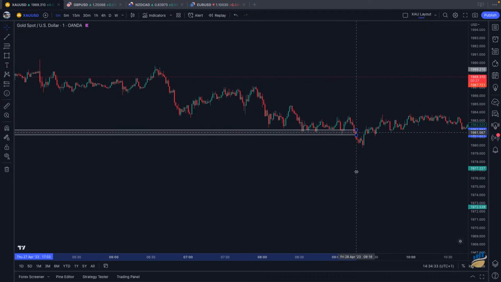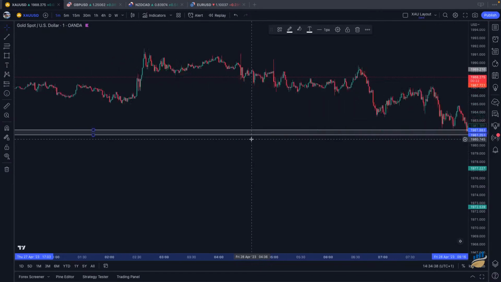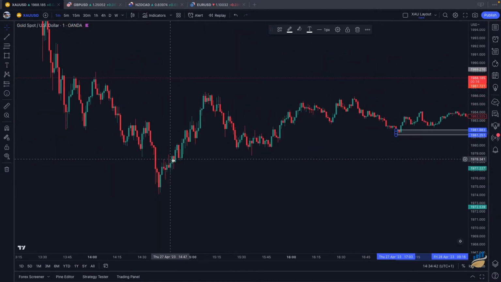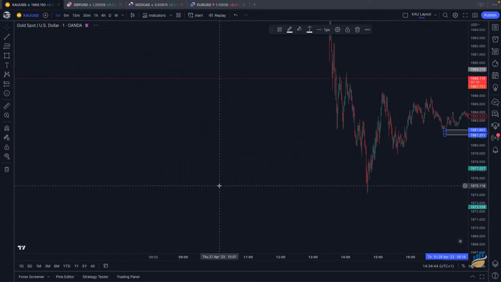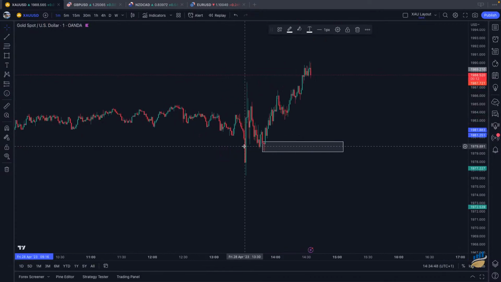As we can see, price has actually tapped into that and tapped lower, so that's fine. So that's already been cleared. Is there anything else? Doesn't seem to be anything else. So I have no reason to suspect that price should come lower than this here then.